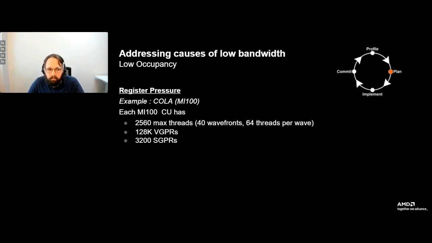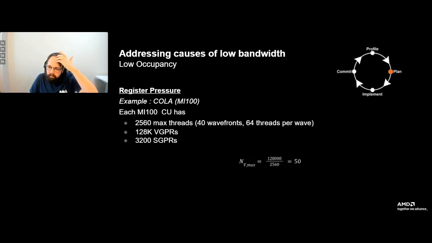And now I have 128,000 vector registers, 3,200 scalar registers. So let's do some arithmetic. If I take that 128,000 vector registers per compute unit, divide by the 2,560 threads per compute unit, that tells me I can have 50 vector registers per thread, and it will not impact occupancy.